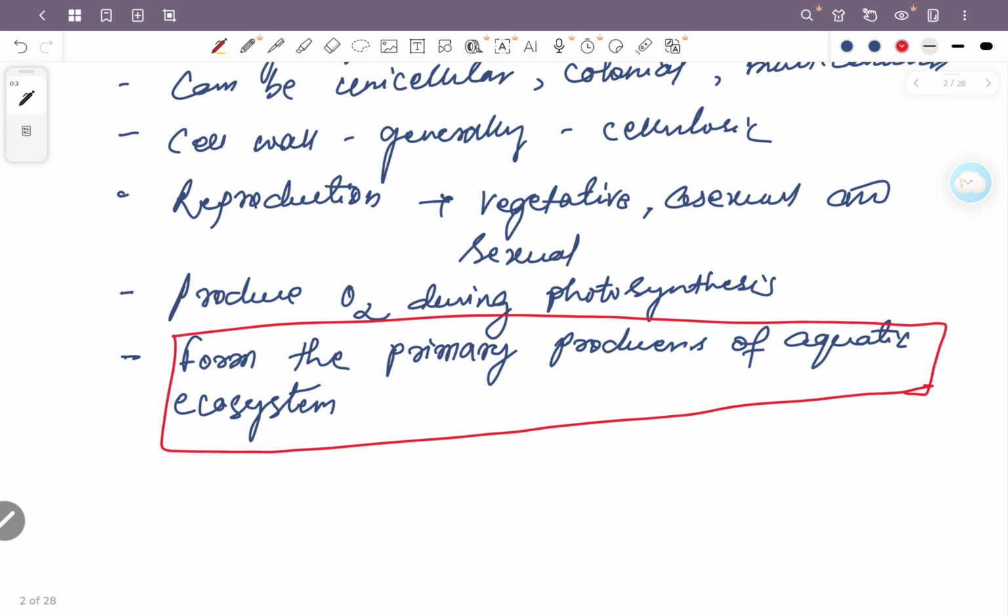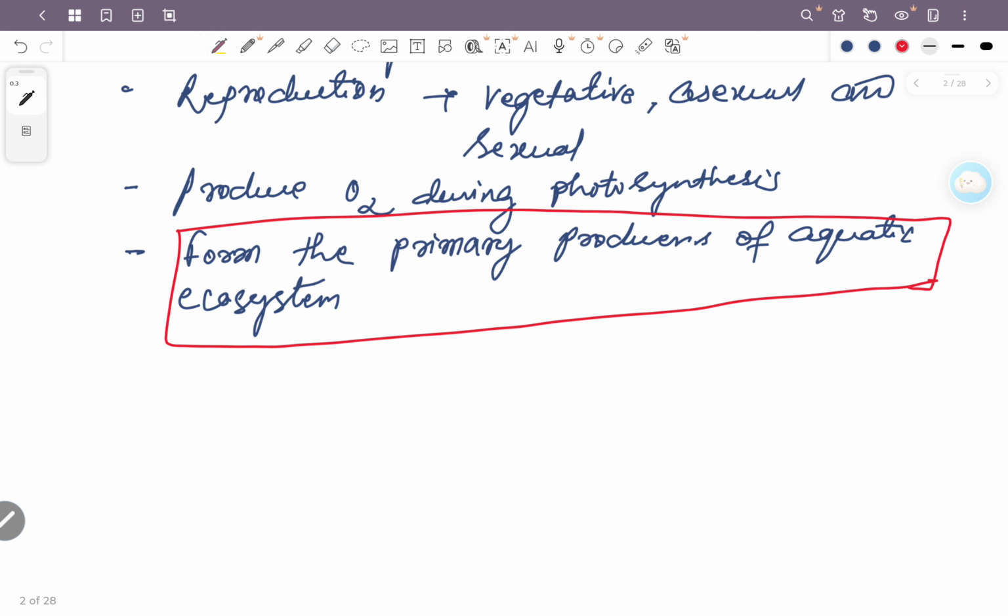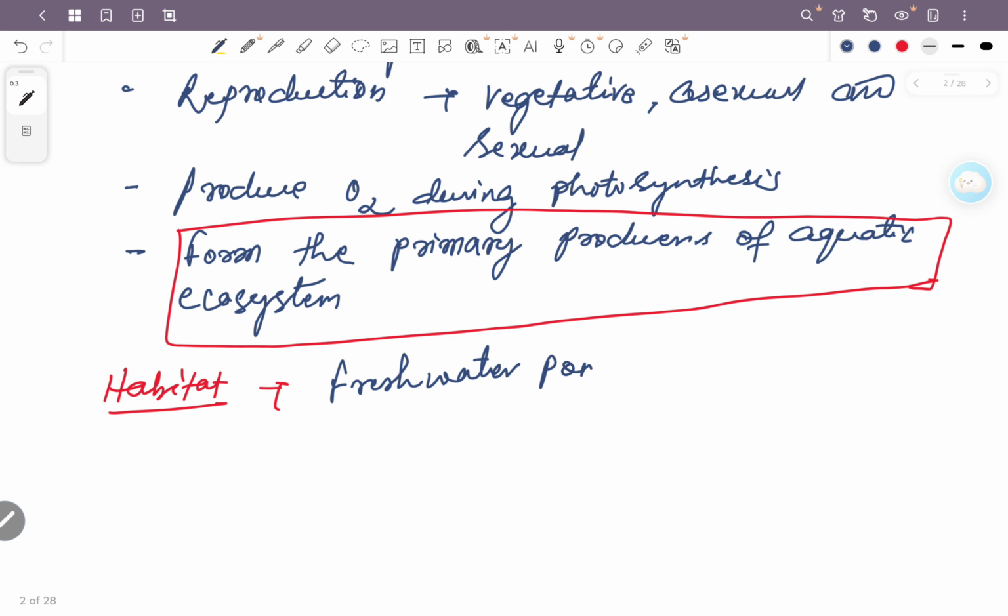As I said, they are mainly aquatic. So they are mainly found in, now come to the habitat. They are found in freshwater pond, lakes, rivers, and oceans and seas.